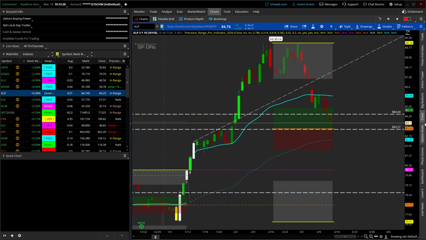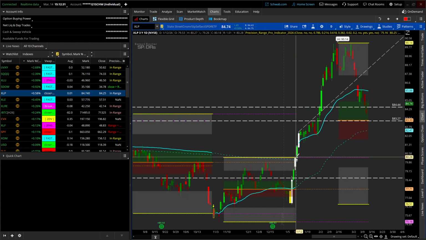XLP is in the range. So it's trading a pullback, and this has really been on a run. Let's see. It's been on a run since January 13th, which was this breakout, and it's just been running from there.